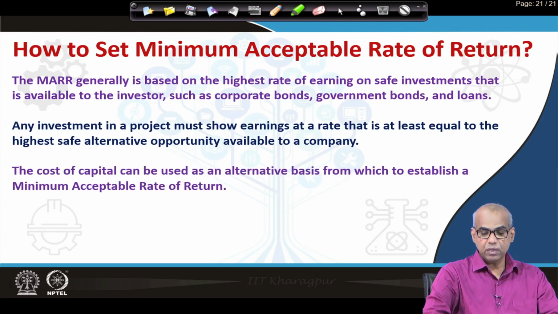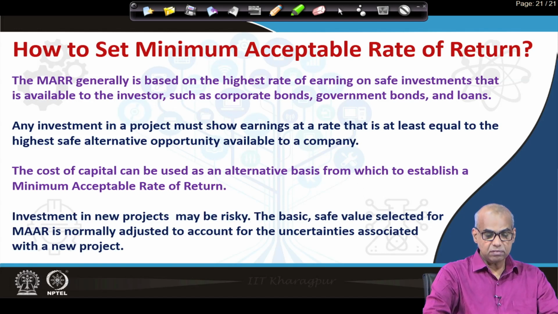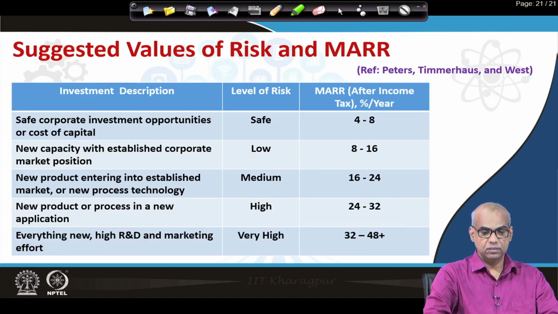The cost of capital can be used as an alternative basis from which to establish a minimum acceptable rate of return. Investment in new projects may be risky. The basic safe value selected for minimum acceptable rate of return is normally adjusted to account for the uncertainties associated with a new project.